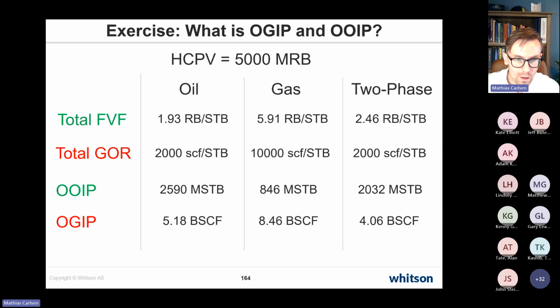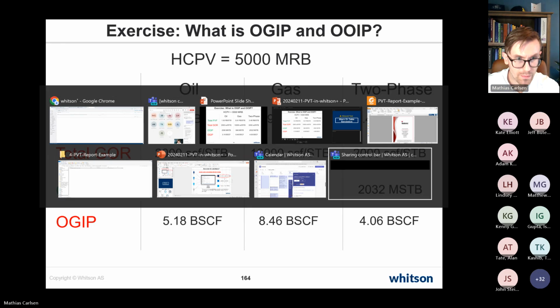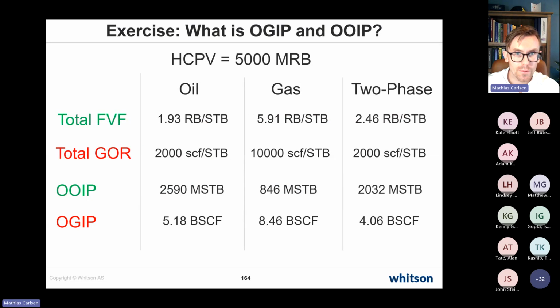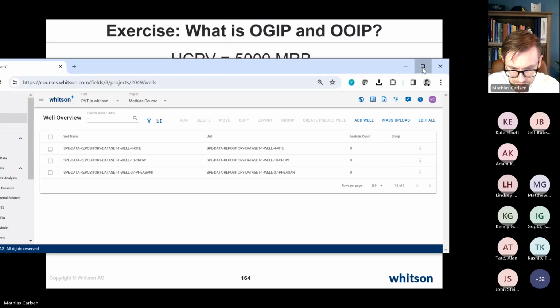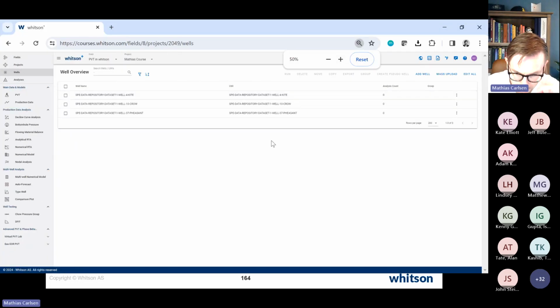Good. So when you have the data, we're going to take a couple of those wells in, and we're going to do some initialization on both of them just to make sure you've done it once. Inside of the software, it looks like this.